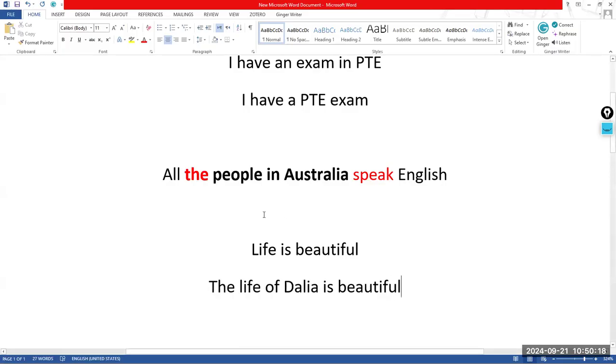Notice that because I'm talking about life in general, I didn't use the article the. But because I'm specifying the life of whom, the life of Dahlia, I have to use the article the. So please be careful about the articles, which are a, an, and the.